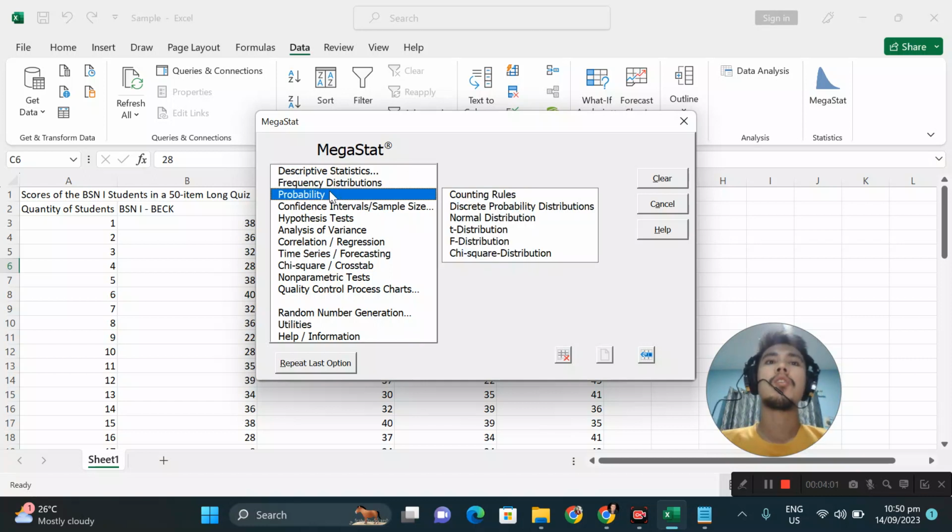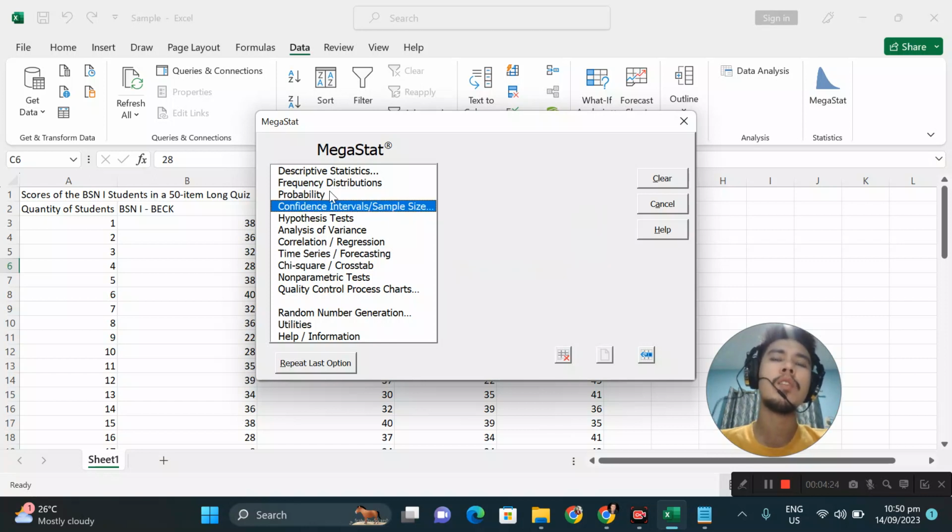And of course, the probability tests, which include the counting rules, the discrete probability distributions, the normal distribution, the t distribution, the f distribution, and the chi-square distribution.